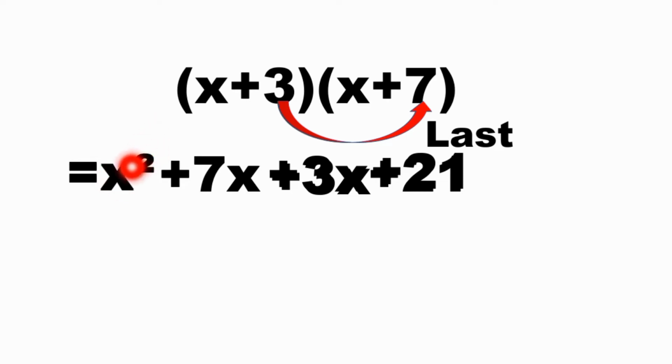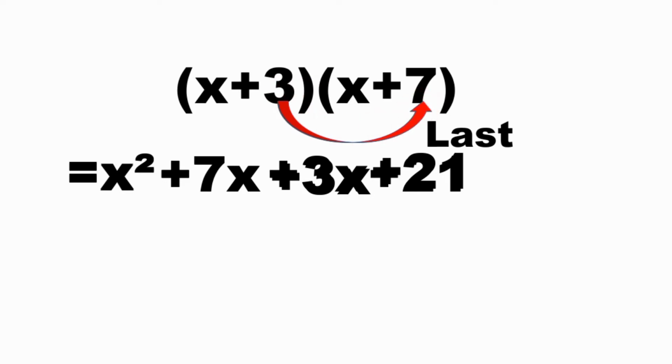So from here we have x squared. Since this is positive and positive, plus 7x, plus 3x from here, and 21 from 3 and 7, both positive.